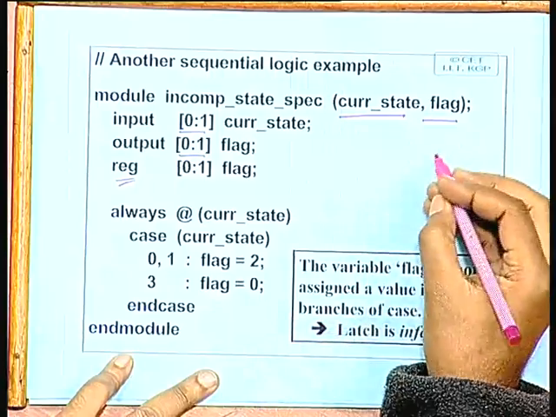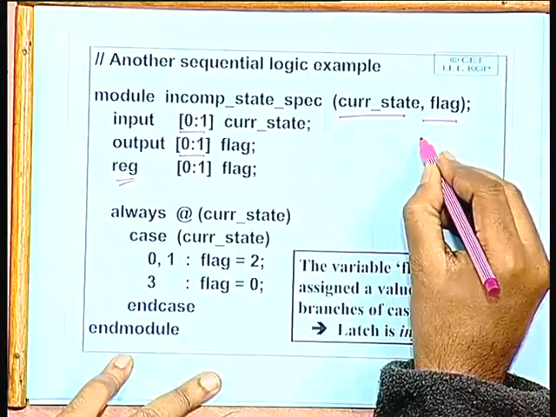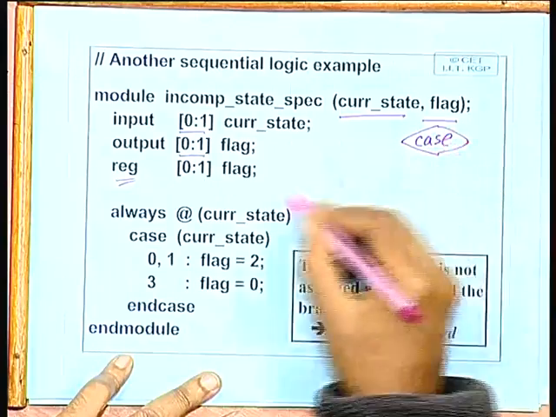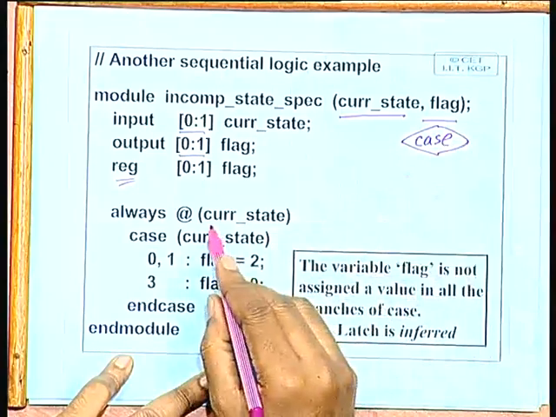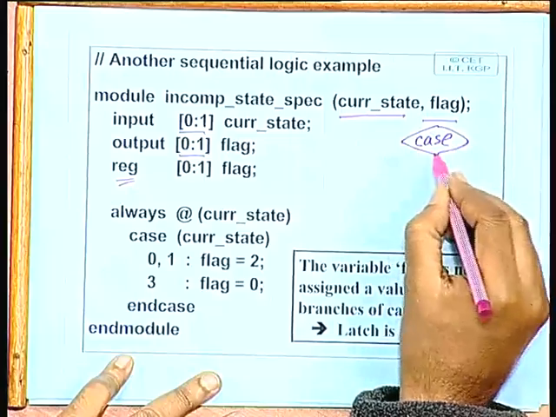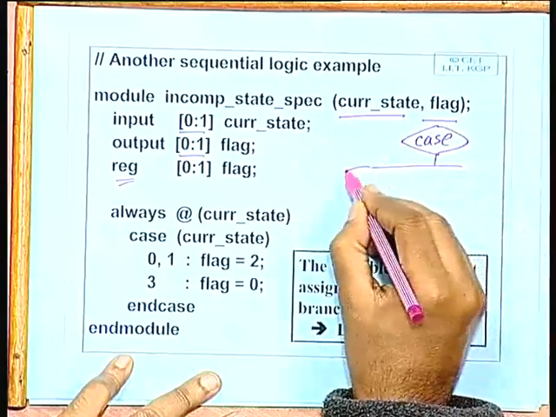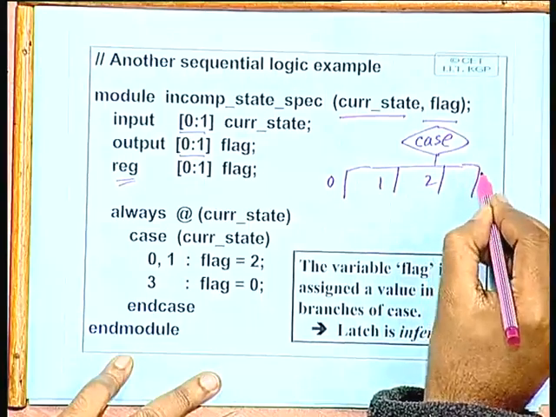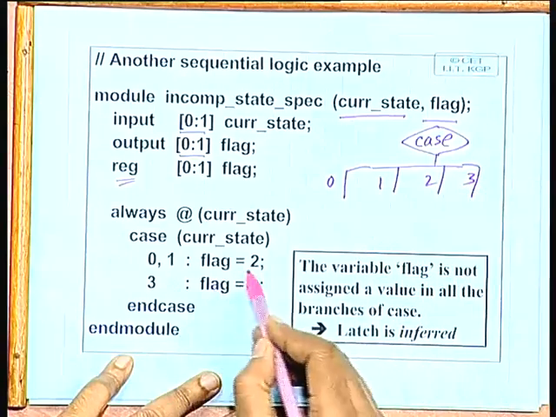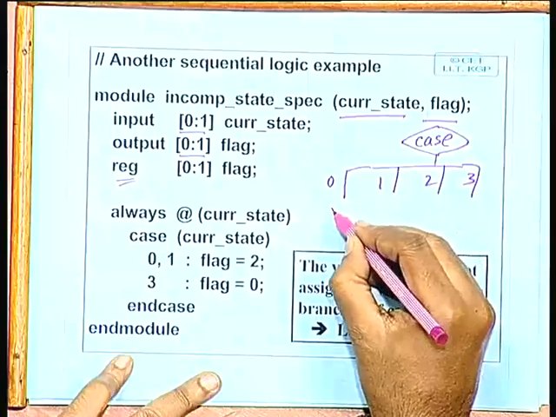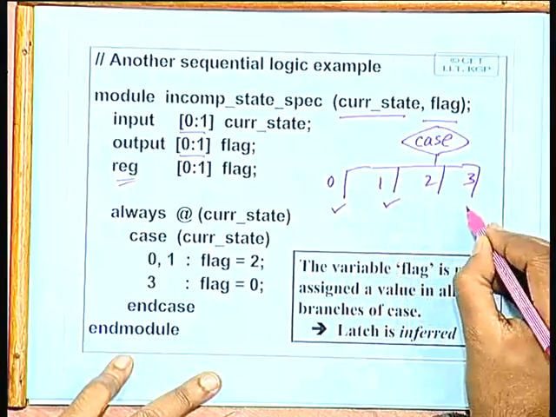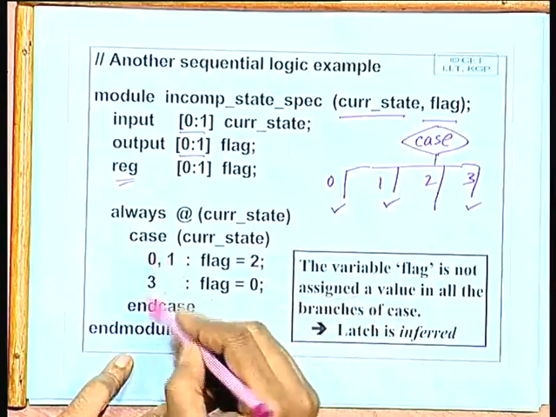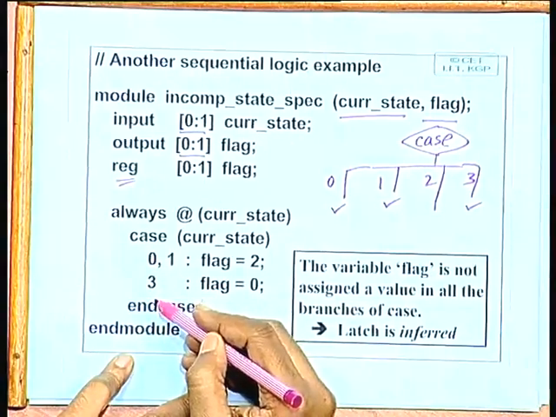But in this case statement, you have a case which can potentially have 4 arms, because the current state can hold 4 values: 0, 1, 2 and 3. But you are assigning the values only if it is 0, 1 and 3. When the value is 2, this case statement does not take care of that condition.